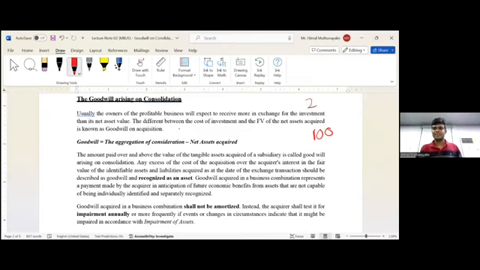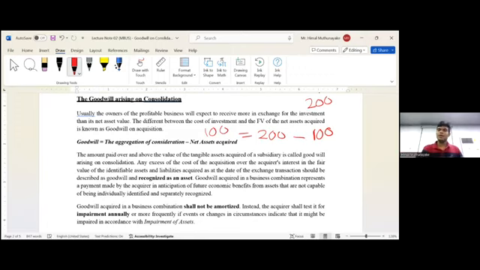Let's say it is worth 200. So I'm paying 200 to acquire this 100 of net assets. That means I'm getting a goodwill value of 100.